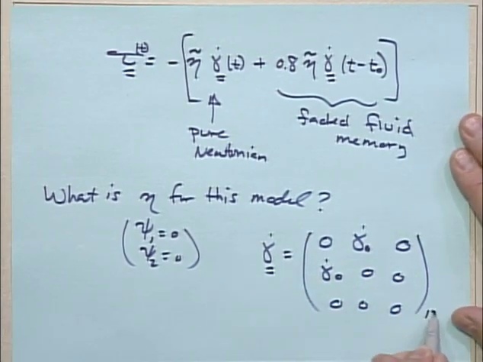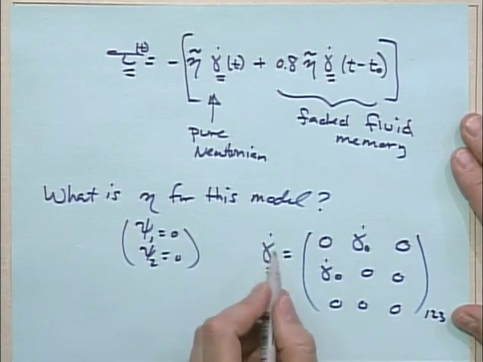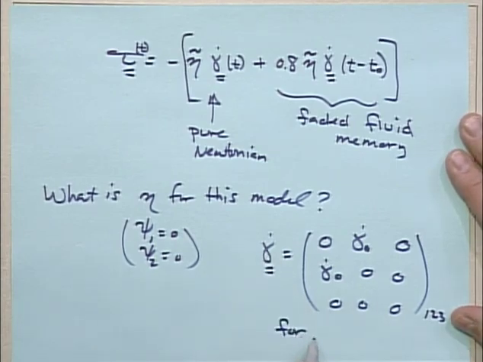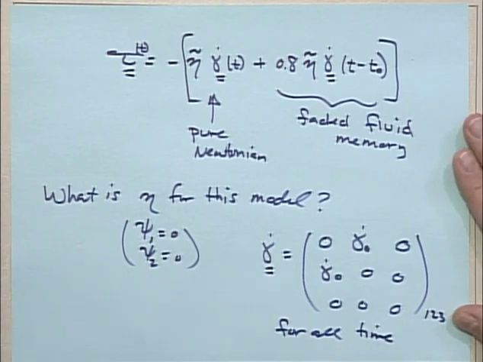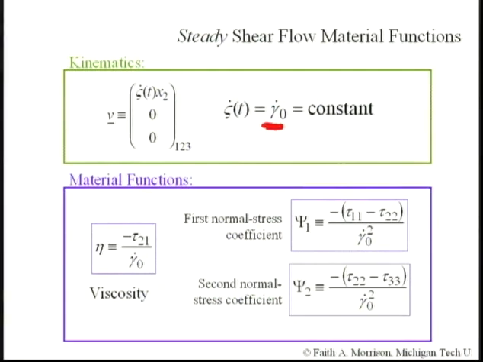And what's important for this calculation is this is gamma dot for all time. Right? This is steady shear flow. So the velocity field is gamma dot x2, but gamma dot, which is in general a function of time, is just equal to this constant.